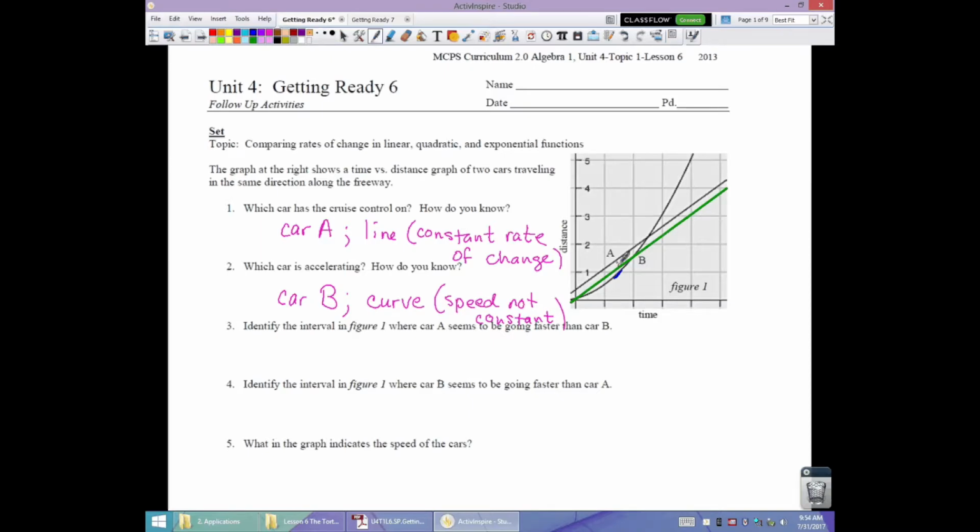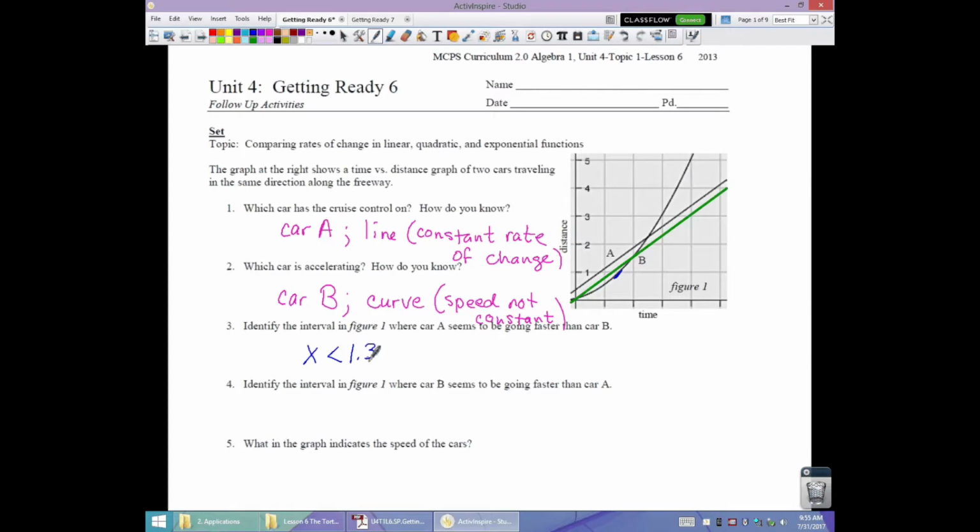So we might say that it's from the beginning, from 0 to about 1.3, 1.4, 1.5. So that interval would be until x gets to about 1.3, 1.4, whatever value you chose.